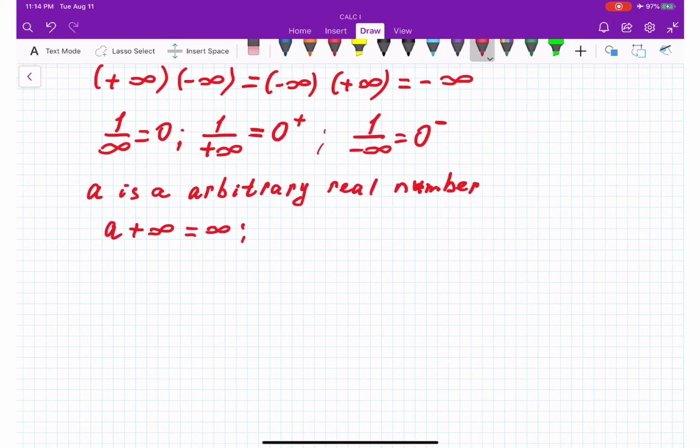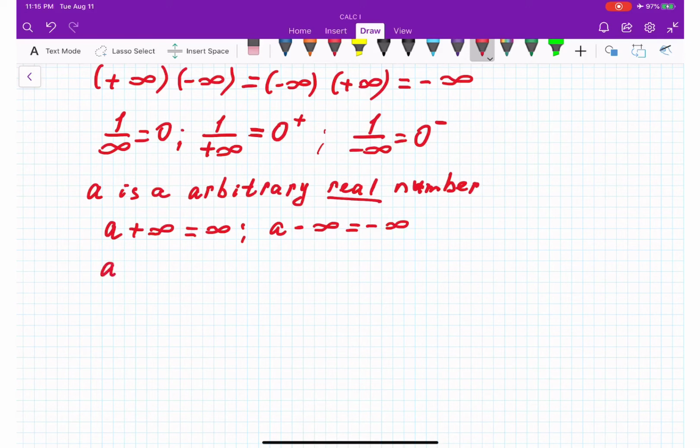Next, A minus infinity. It's going to be negative infinity, right? Because it doesn't matter how large A is, because we said real number. So A minus infinity is going to be negative infinity.